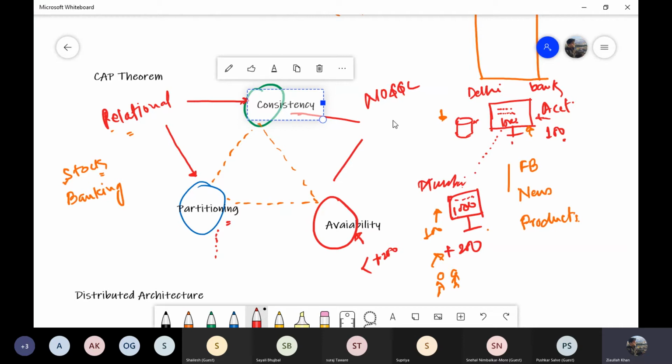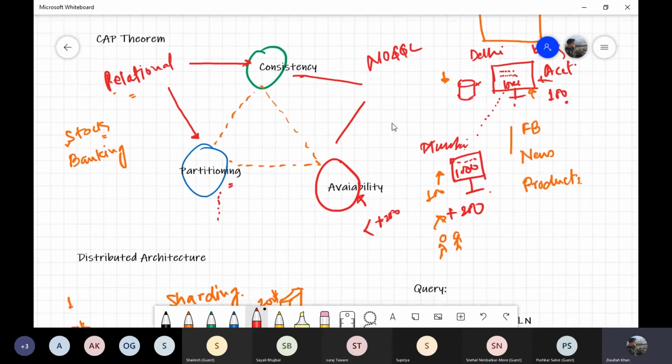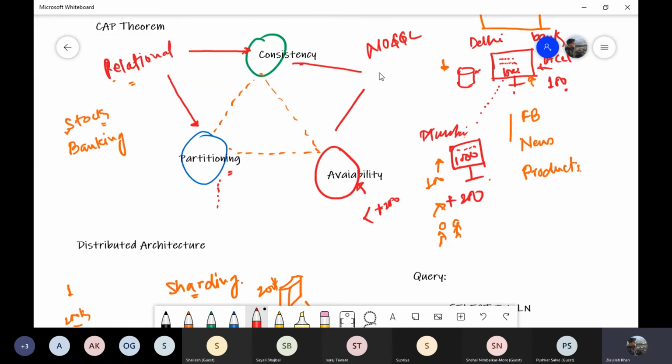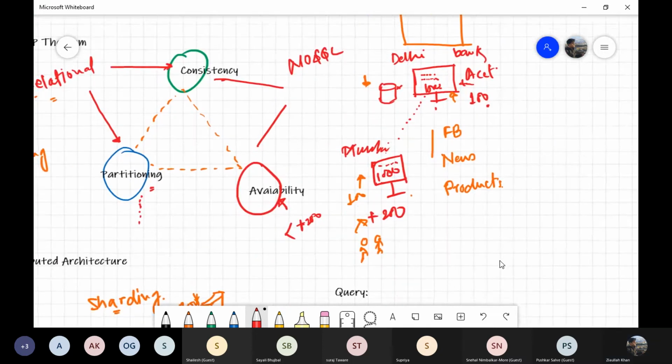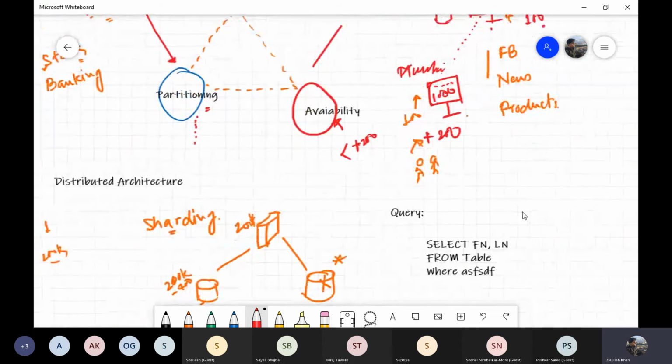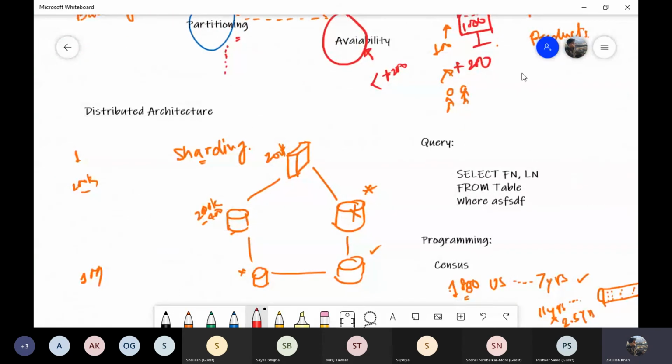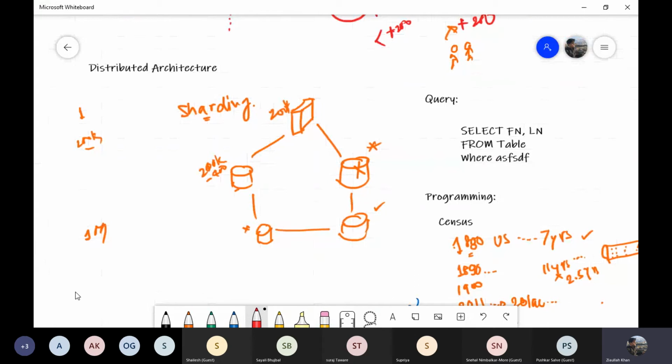So as soon as you make a change to the database, it's going to make sure that eventually, after some time, it is distributed to all the databases in the system. And the availability of NoSQL is very high. So it is very crash tolerant. If servers go down, the system is still up and running. Right? Then this was the example of having a database server at two different locations.